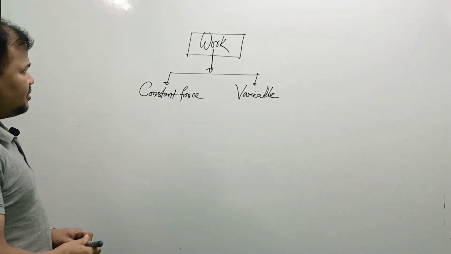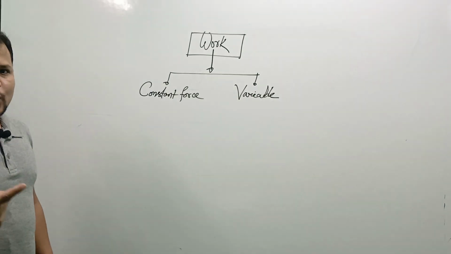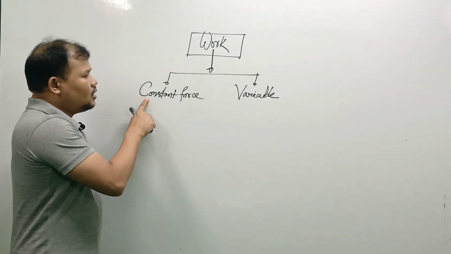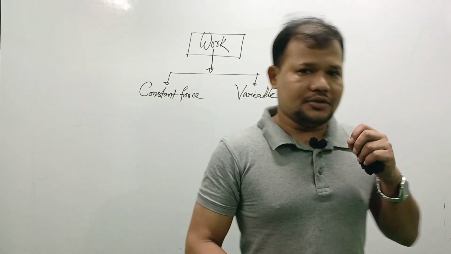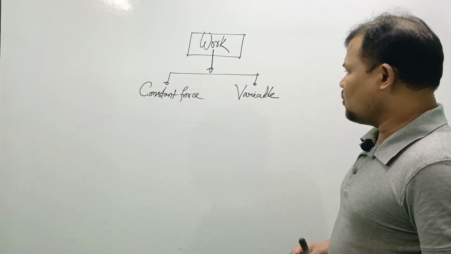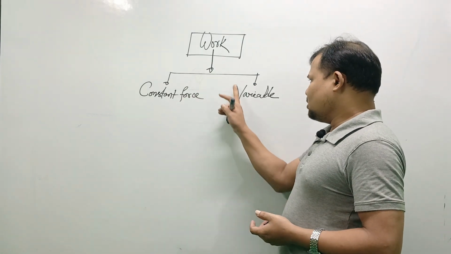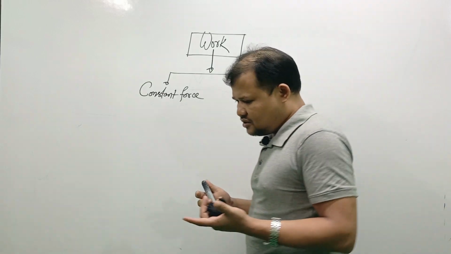In case of constant force, at first we discuss how we can find out the work done, and then we discuss in case of variable force how we can measure the work.